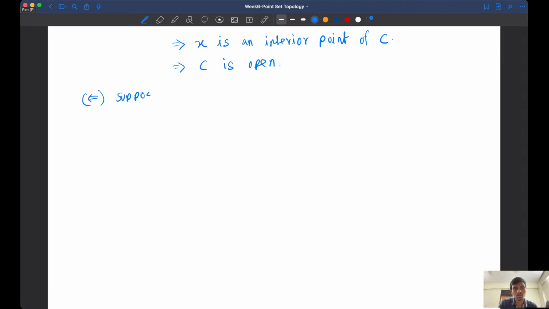Suppose every component of any open set in X is open. So I have to prove X is locally connected.